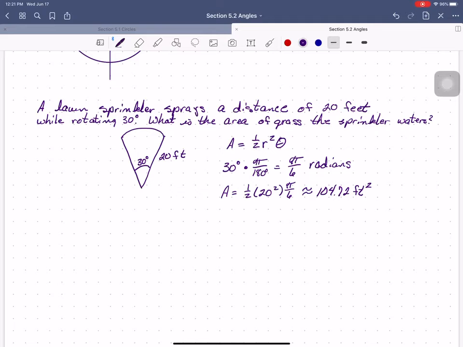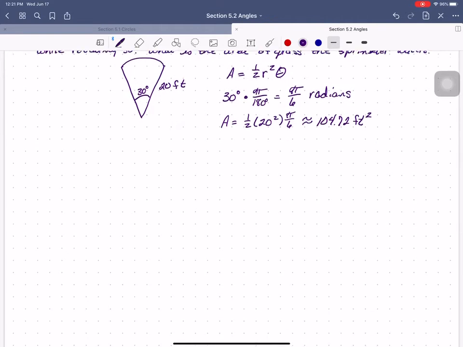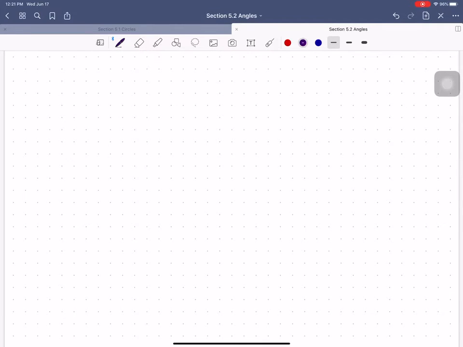Okay, now the other thing that we're going to talk about here is angular versus linear velocity. We're familiar with linear velocity, so we'll start with that.